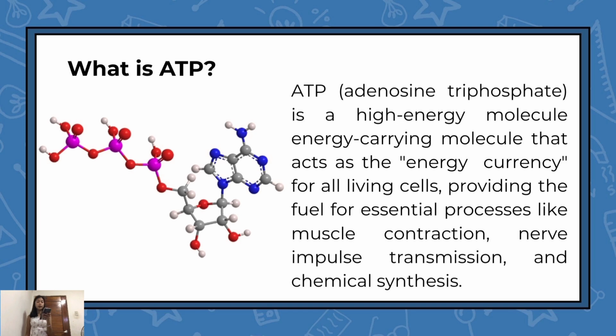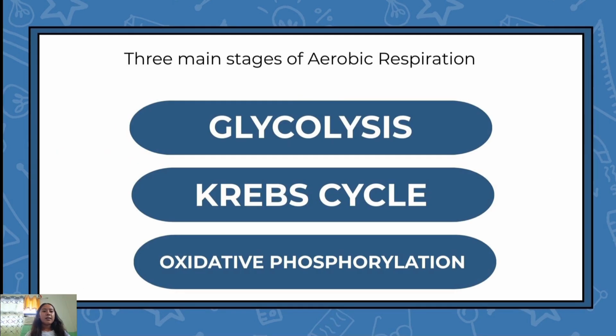ADP stands for adenosine diphosphate. Importance of ATP: it powers muscle movements, helps in cell division, drives active transport of molecules, and supports biochemical reactions in the body.